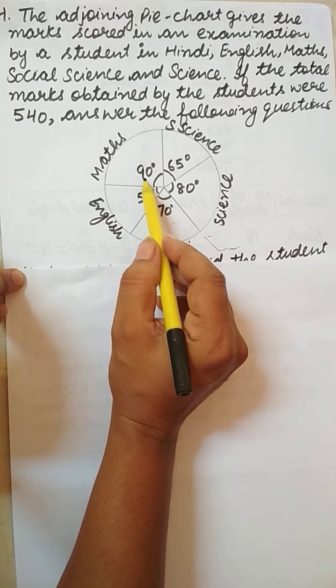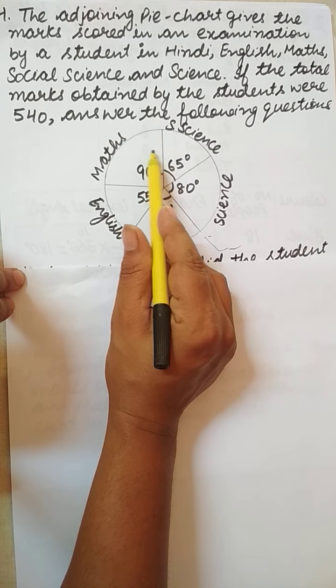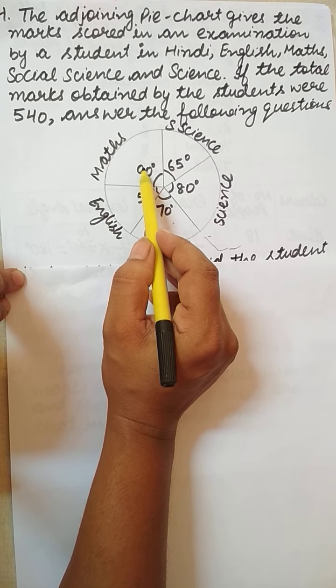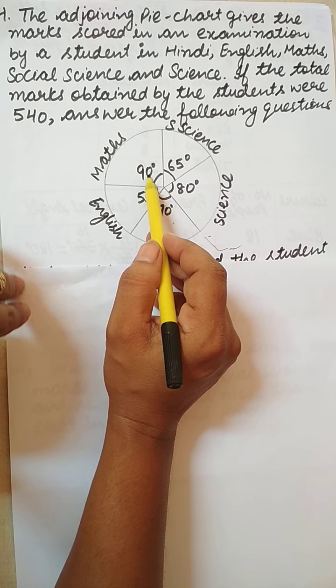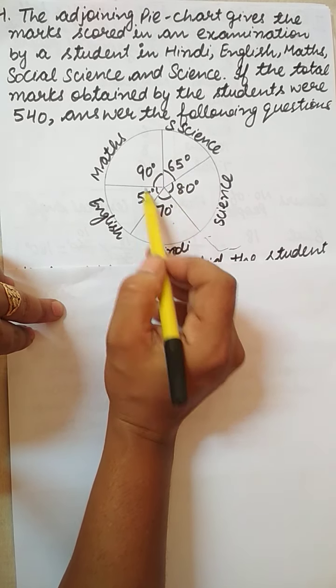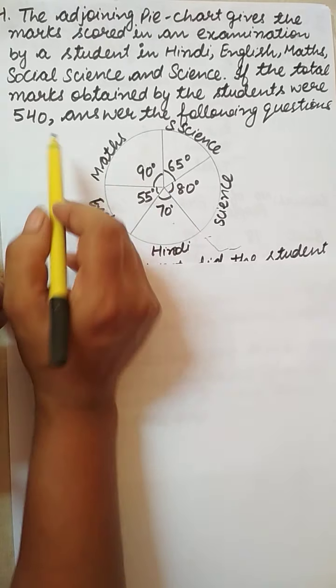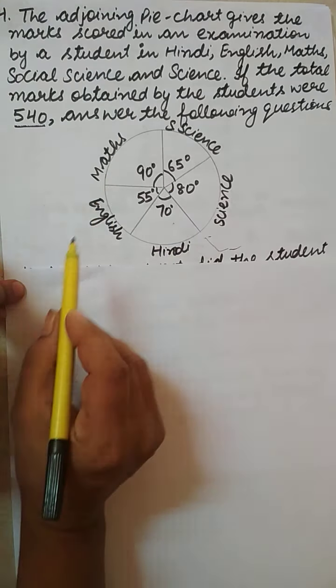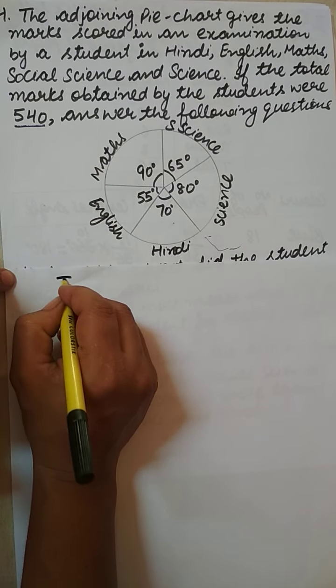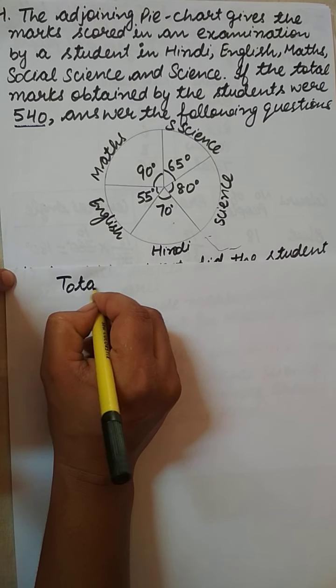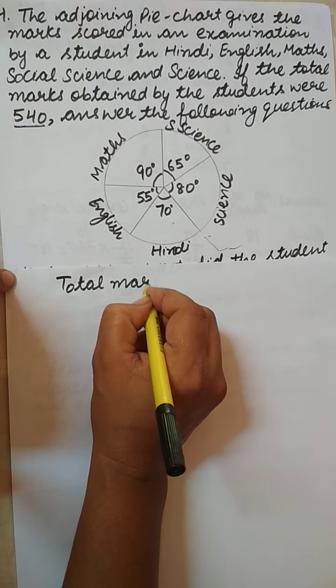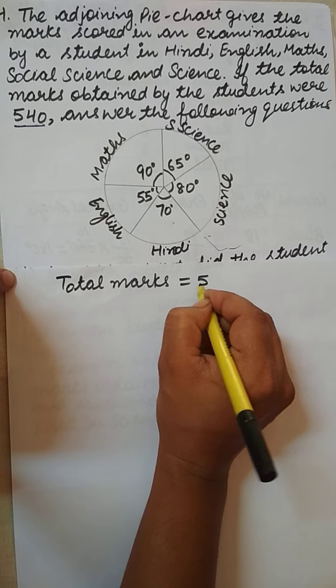So the fraction can be calculated by the central angle for the particular subject divided by the total angle, that is 360 degree, into total marks. Total marks is equal to 540.